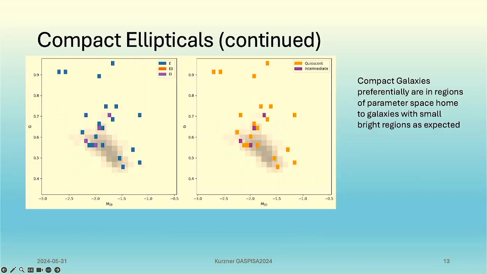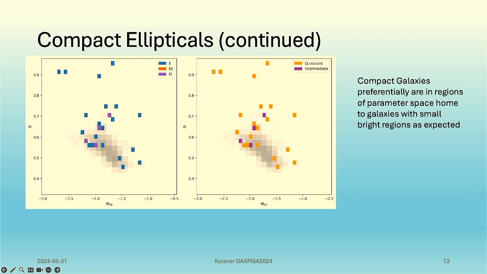And I did promise that we did have non-parametric morphologies. While we are not able to exactly separate out the compact galaxies from the rest of the population here, you can see in gray that we have the whole separation, so the whole cluster in Gini M20 space.